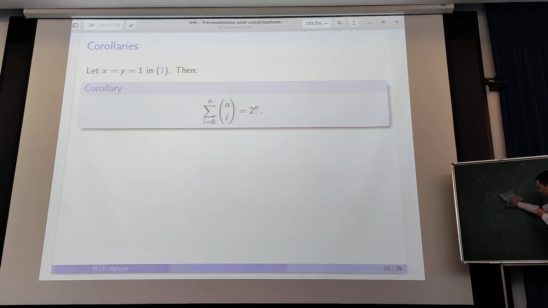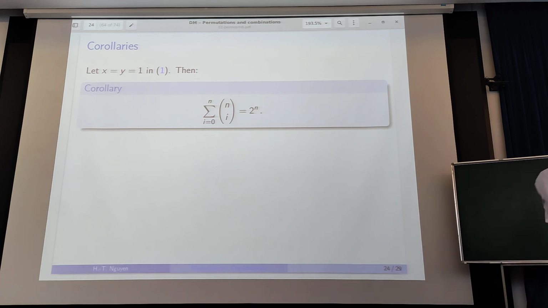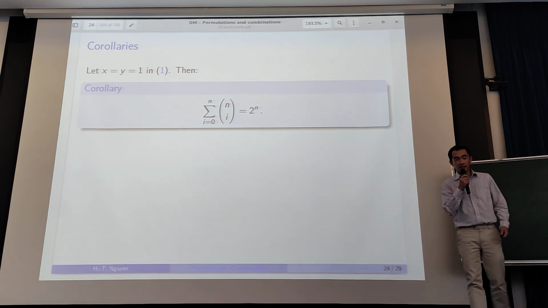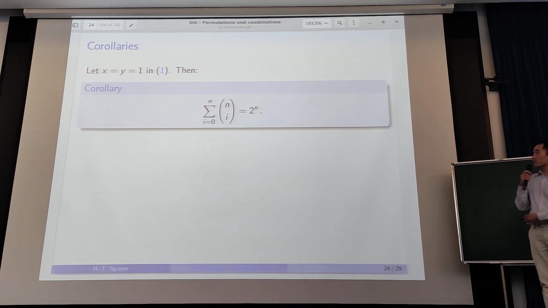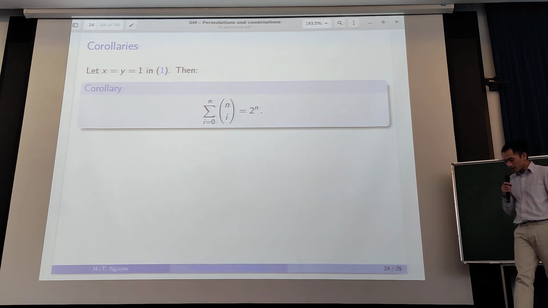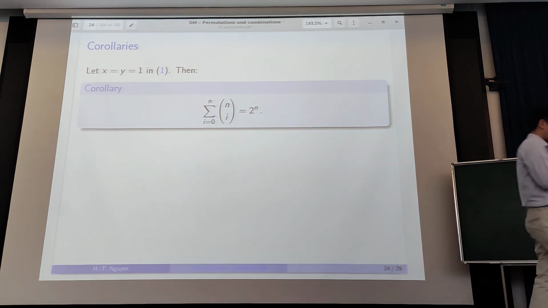If you haven't forgotten what we talked about last week, you will notice that on the right hand side here, 2 to the power n is the number of subsets of a set of n elements. Okay? So what is the relation? That gives us an idea to relate the two expressions on the left hand side and the right hand side.